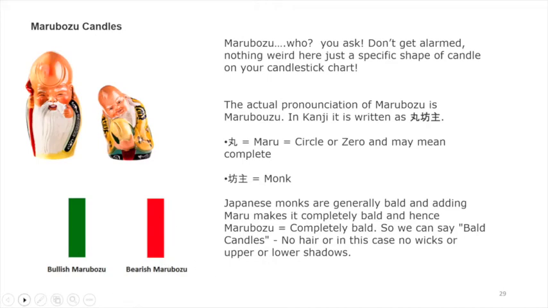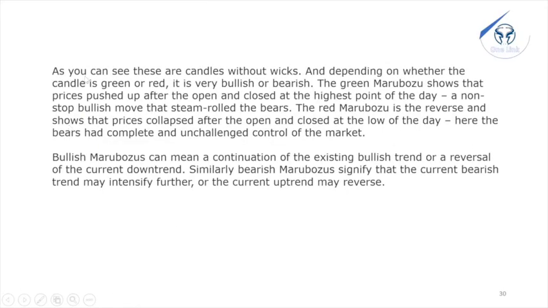As you can see, without a wick, depending on whether the candle is green or red, it is very bullish or bearish. The green Marubozu shows that price pushed up after the open and closed at the highest point of the day, a non-stop bullish move that steamrolled the bears. The red Marubozu is the reverse and shows the price collapsed after the open and closed at the low of the day.